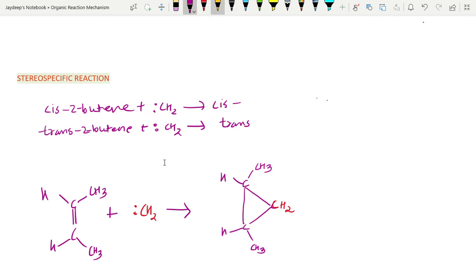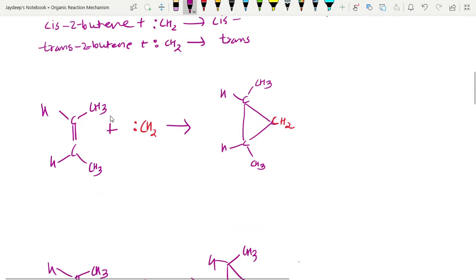Now consider the example. You can see the methyl groups are on the same side, so it is cis 2-butene. Now this cis 2-butene reacts with the carbene molecule, and it forms this substituted cyclopropane ring.